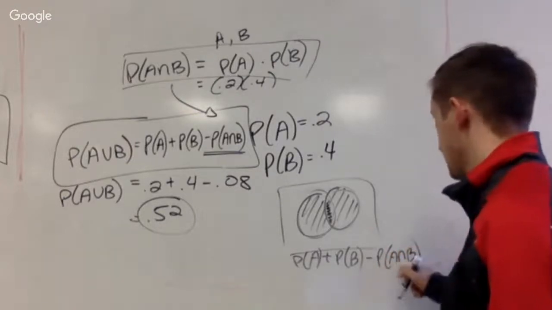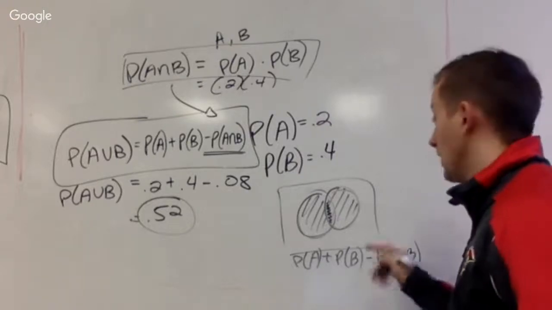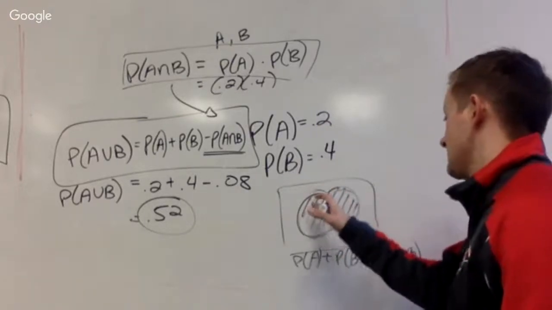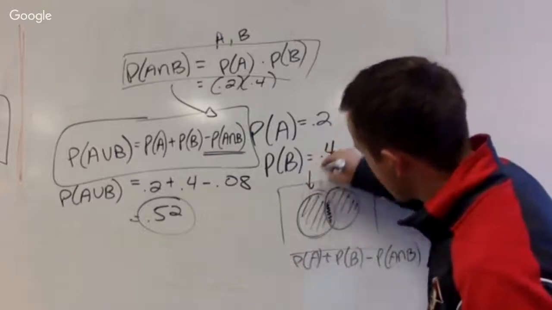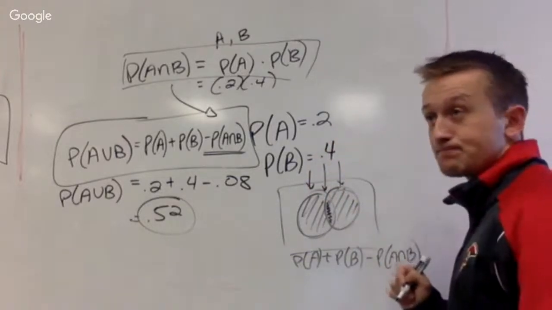Does that make sense? That's why I subtract one of those to get to what really is this. Really, or means this area plus the middle plus the right side, because you're double counting it.